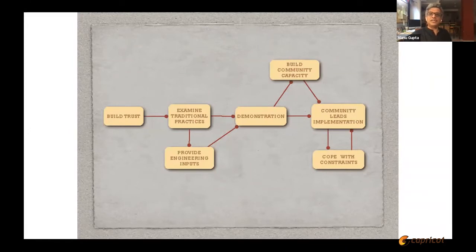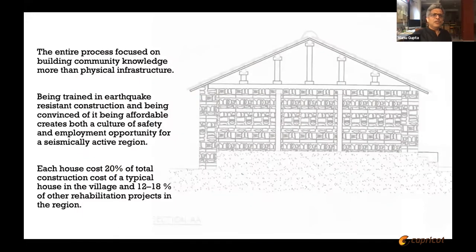So how do you build community capacity in this whole process, and let the community take the driver's seat? The whole process was focused on building community knowledge more than the physical infrastructure, because that is what communities could do. They could make the houses. So we as architects and planners were focusing more on the knowledge transfer part.